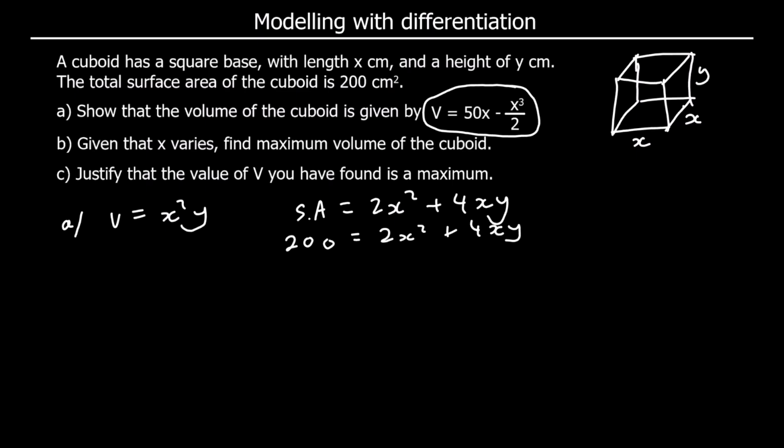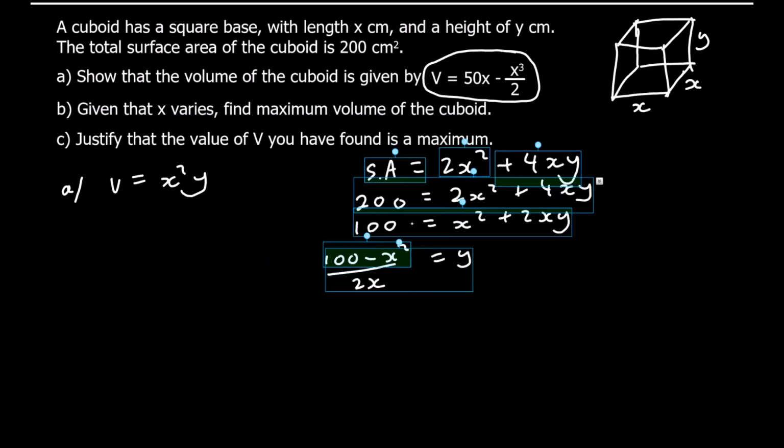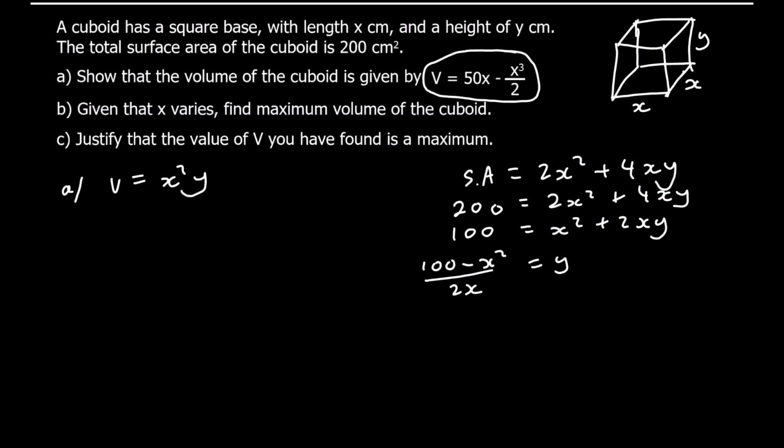And we can half everything. So 100 equals x squared plus 2xy. We're going to eliminate y. So let's get y by itself. So 100 minus x squared over 2x is equal to y. Then we can substitute that in to our volume. So we've got x squared times 100 minus x squared over 2x.